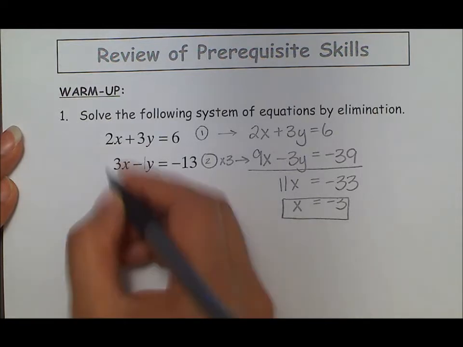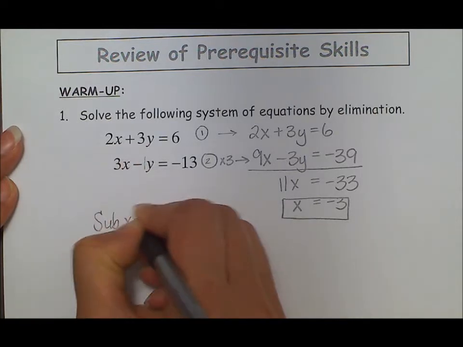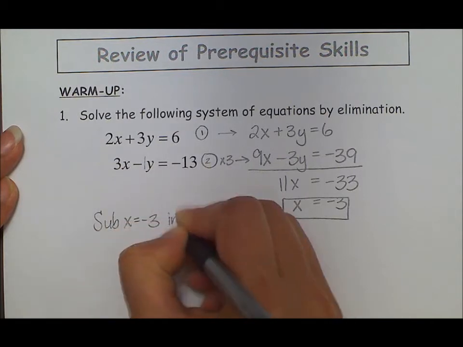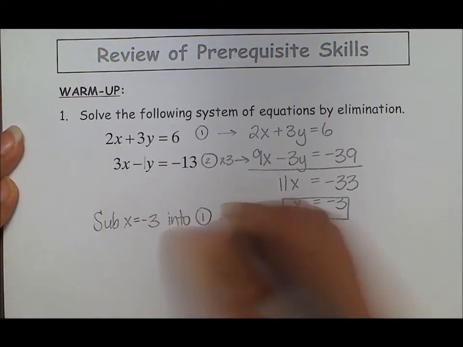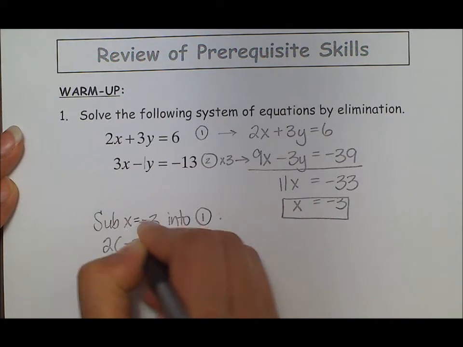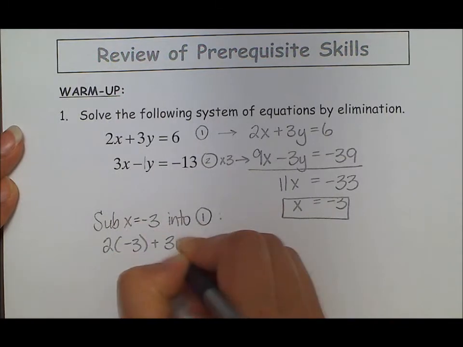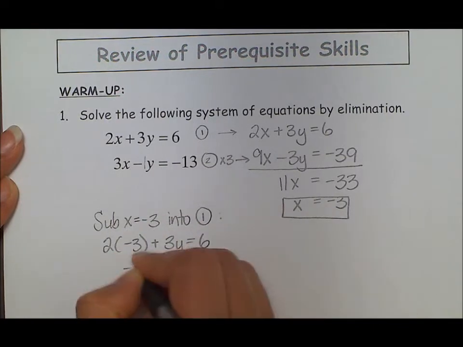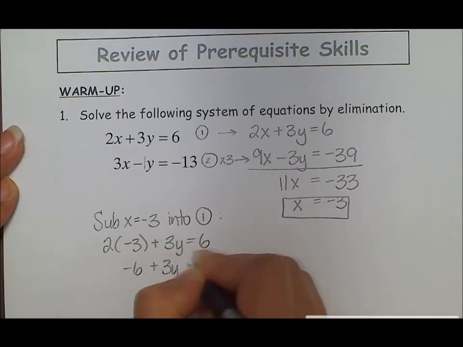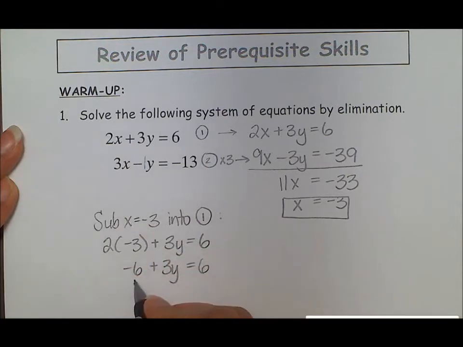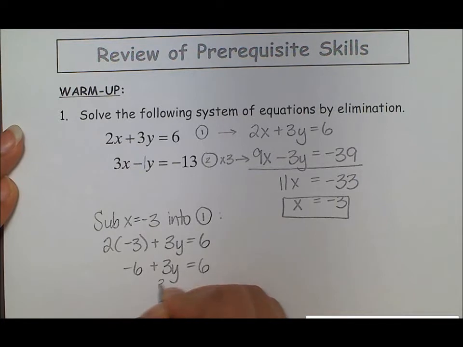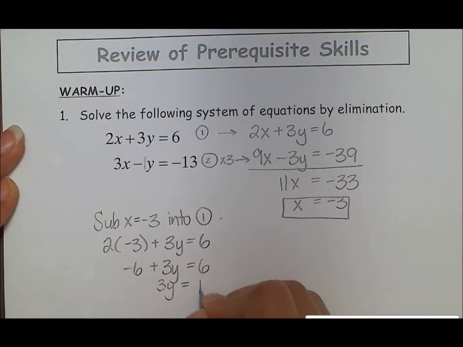So I'm going to sub x equals negative 3 into the first equation, and so I'll get 2 times negative 3 plus 3y equals 6. That's negative 6 plus 3y equals 6. If I add 6 to both sides, I get 3y equals 12, which means y will equal 4.